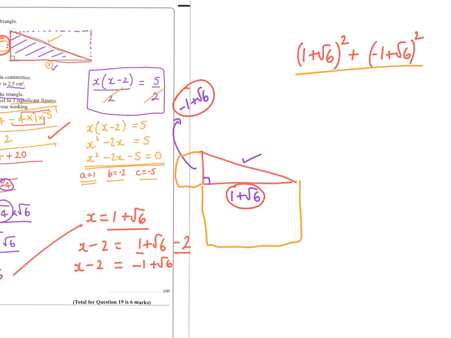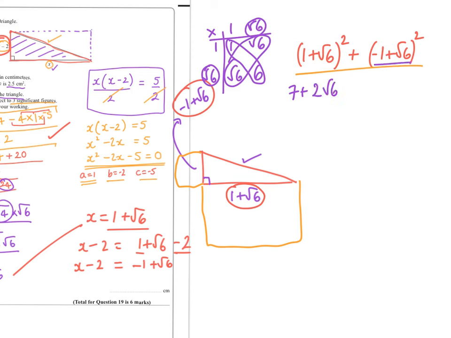So if I square this bracket out, now if you had 1 plus root 6 and then 1 plus root 6 and you multiplied them out, you'd have 1, root 6, another root 6, and then root 6 times root 6 is just 6. So you'd have 7 plus 2 root 6.